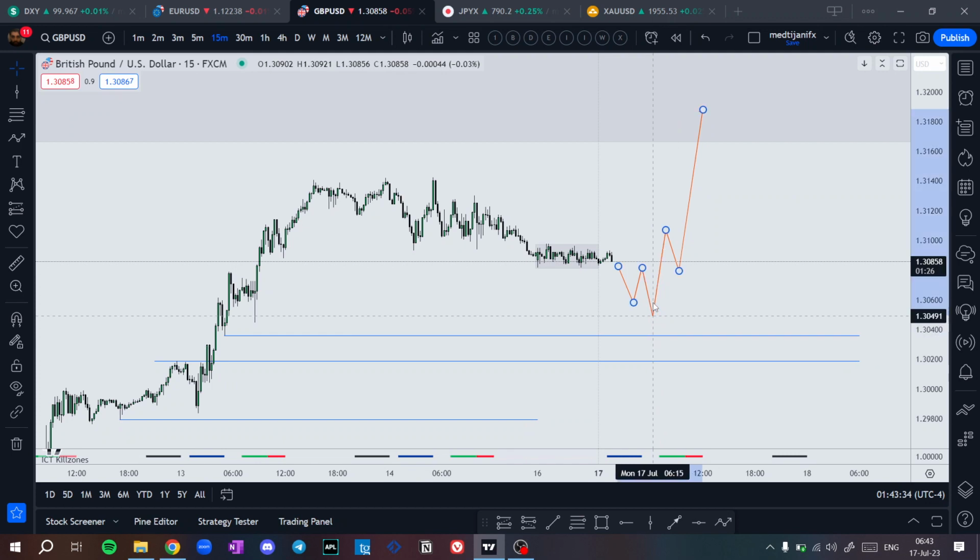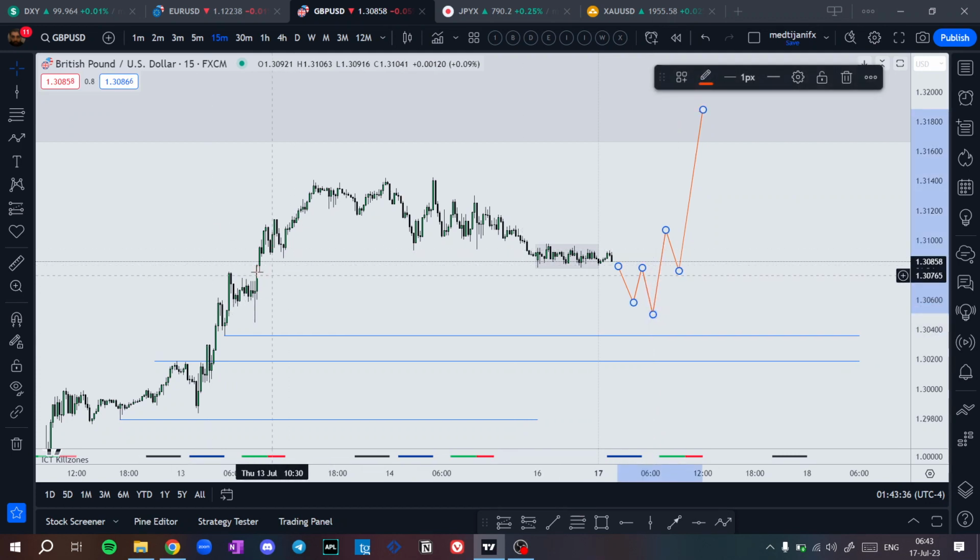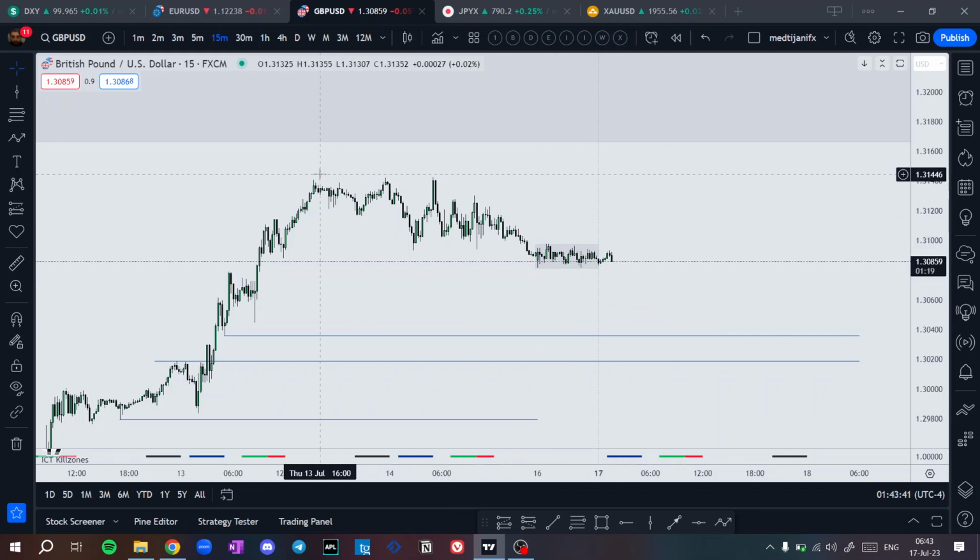Or maybe price could do something like this from that fair value gap on the 4 hour time frame, like we said. But just wait.